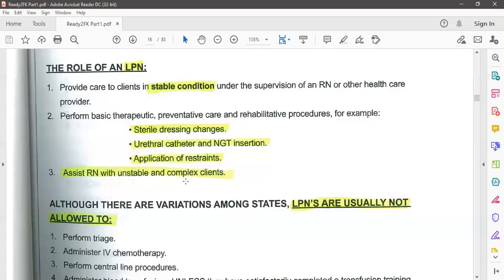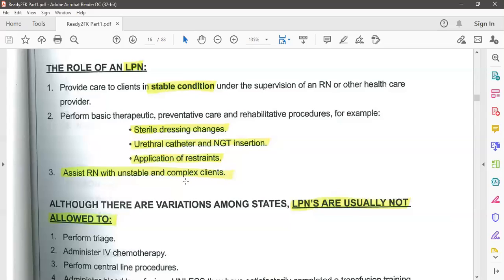So if I recap it for you, the LPN can be delegated tube feeding or indwelling catheter, sterile dressing change, follow-up teaching. So teaching is always the RN, but follow-up teaching can be done by the LPN under supervision of the RN. Application of hot and cold therapy by the LPN. Any kind of specimen collection, the LPN can do this.